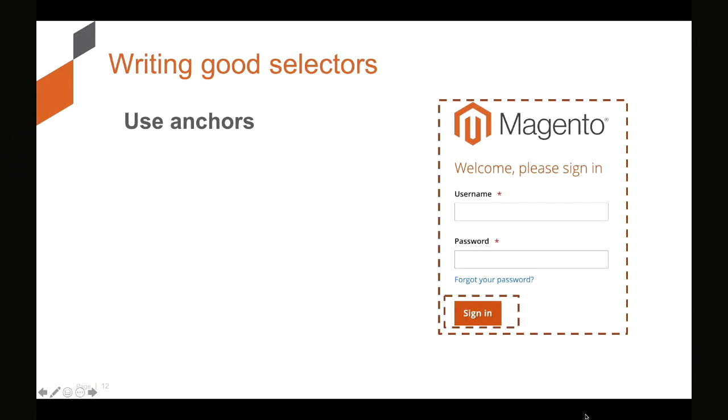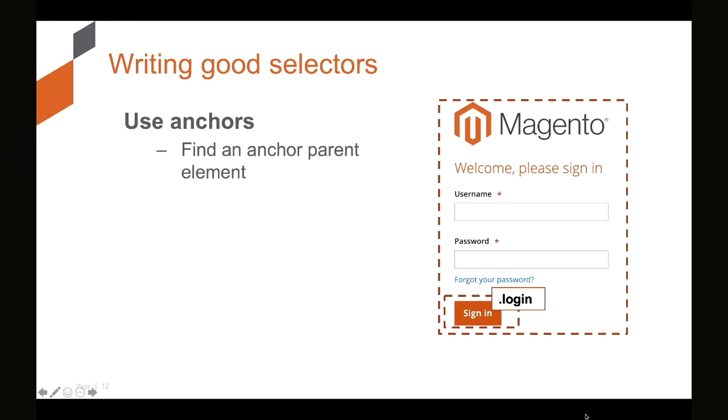For example, in this case, you have a sign-in button, and the sign-in button has a class called login. Say you have multiple matches of this class on the page, so this may not be a good identifier to use.